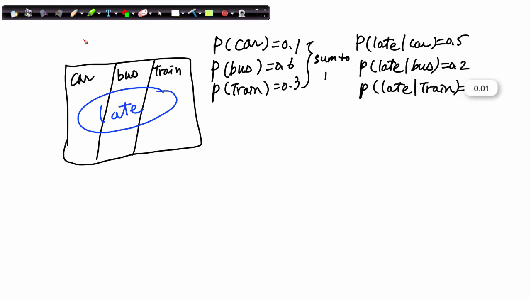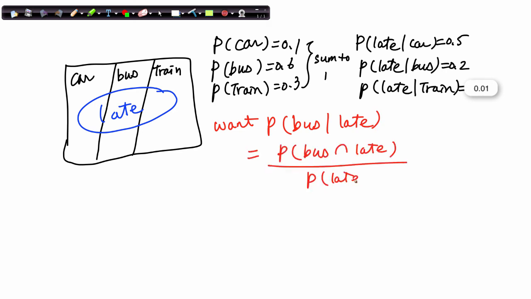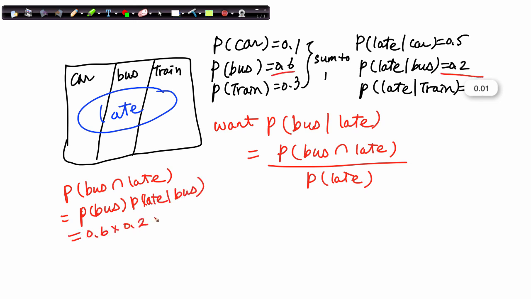Now, we want to know the probability that N takes a bus, given that we know that she's late. We start with the definition. The top of the equation can be calculated by multiplication rule: probability that N takes a bus times the conditional probability that she is late when she takes a bus.